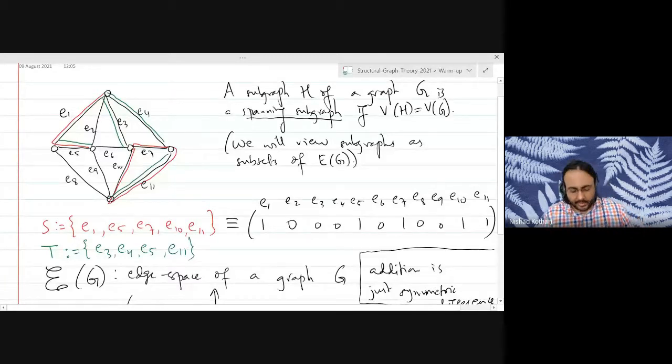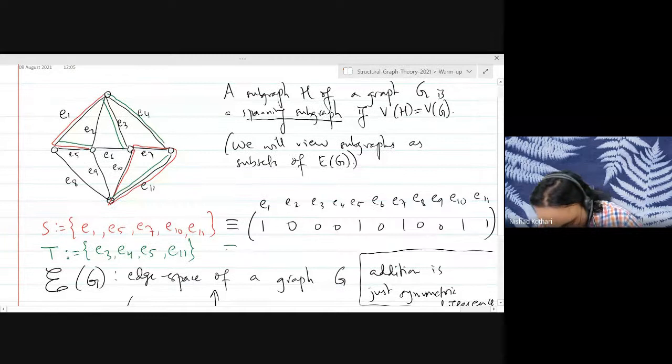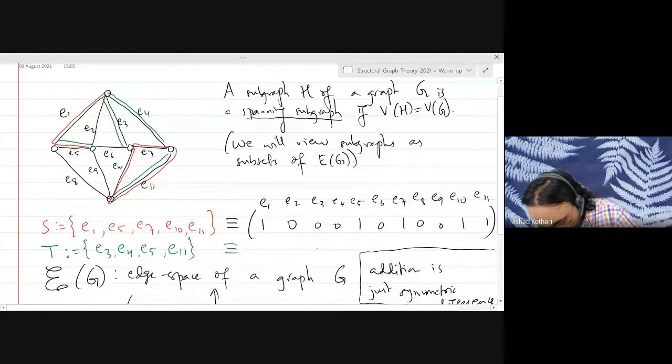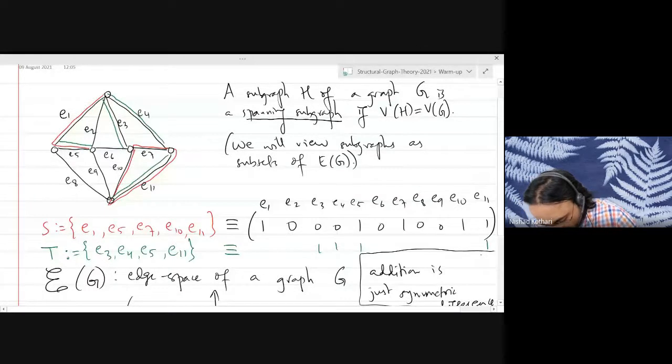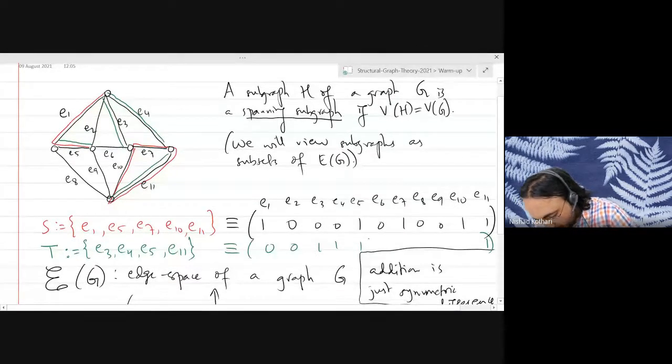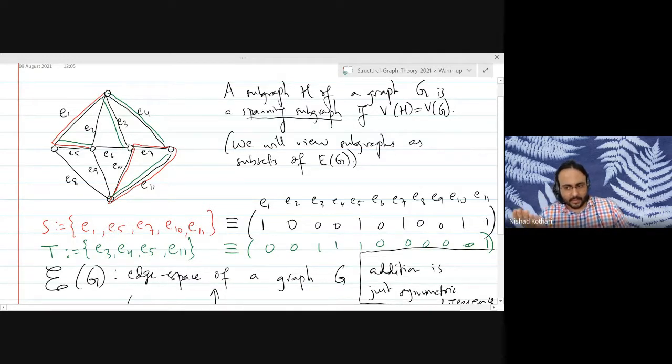You'll get a vector corresponding to this. So we have ones in these positions and the rest all are zeros. And now you may add the two vectors, S plus T, which just means you are taking the symmetric difference of the corresponding sets. 1 plus 1 is 0, 0 plus 0 is 0, otherwise you've got 1.